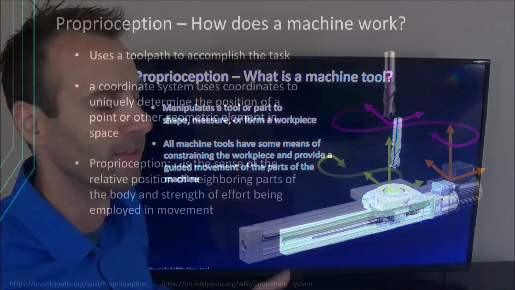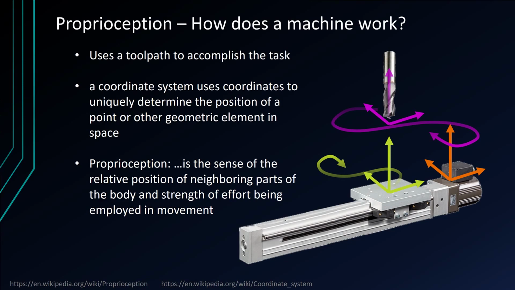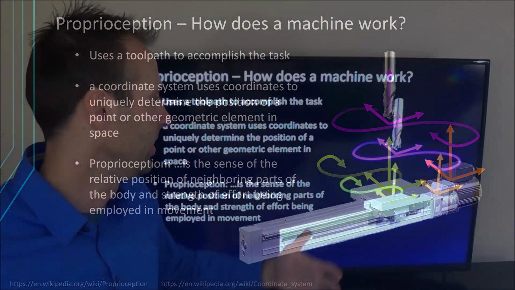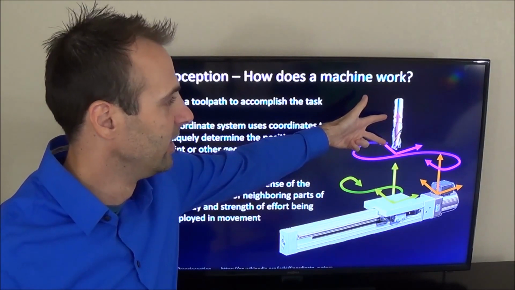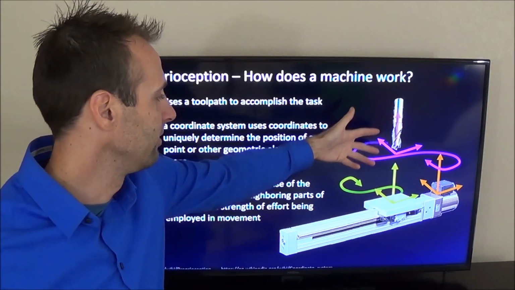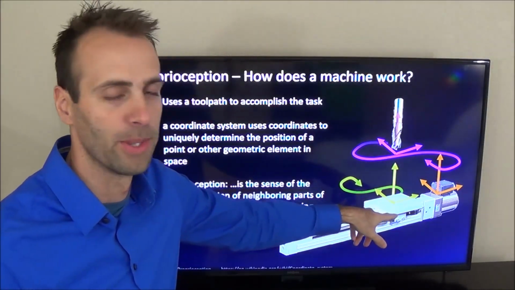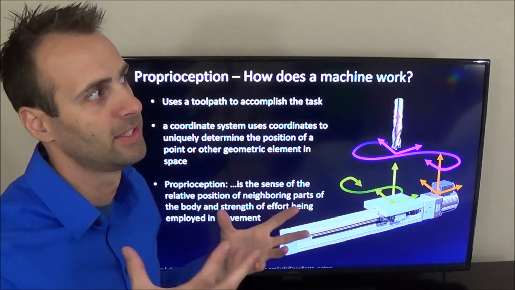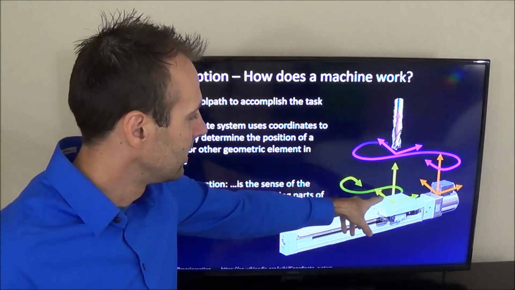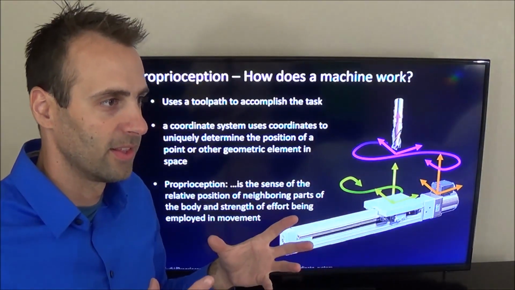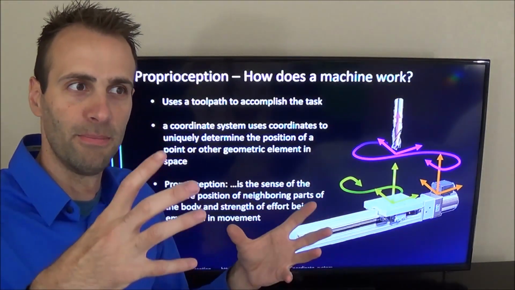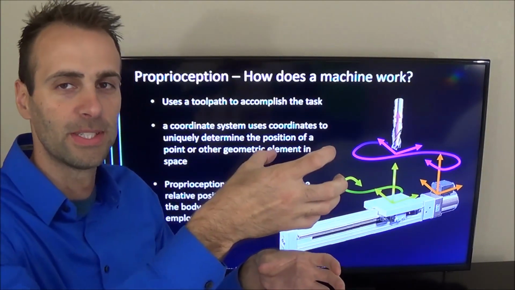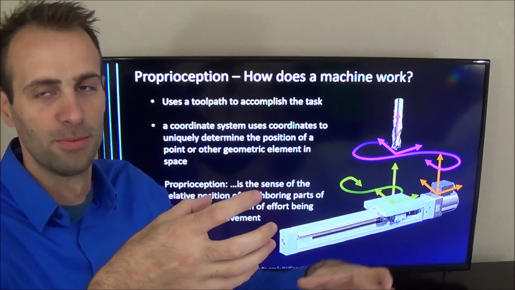And then there are machine components that coordinate the position of the tool and the part to make this happen: measure, shape, whatever. If it's a really simple machine like this one here, we'll just say there's the tool here and it's a milling machine, and then there's a table here where the part goes, and then there's one axis. In this concept, it doesn't really matter if the tool moves relative to the part or the part moves relative to the tool.